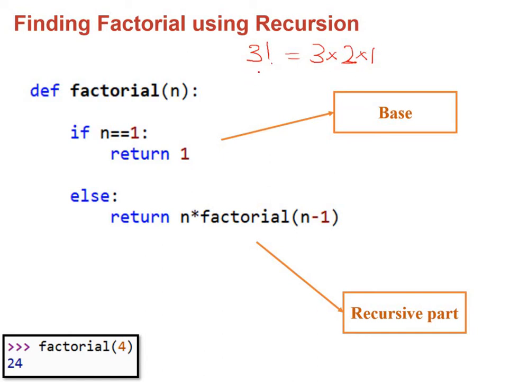So 5 factorial is going to be 5 times 4 factorial. Let's do it this way. And then 5 times 4 factorial is 4 times 3 factorial, and then you have 5 times 4 times 3 times 2 times 1, right? And so on. So that's the idea of the factorial.